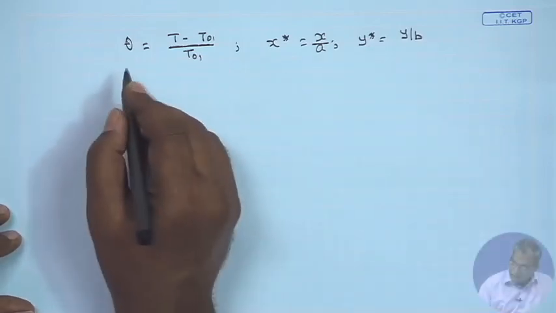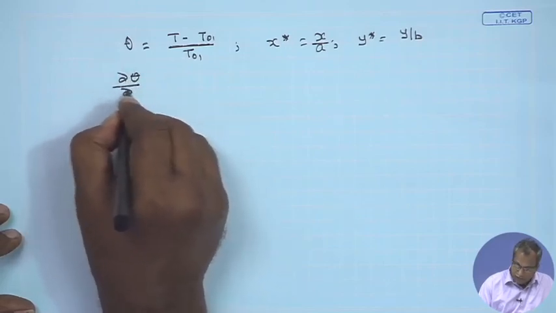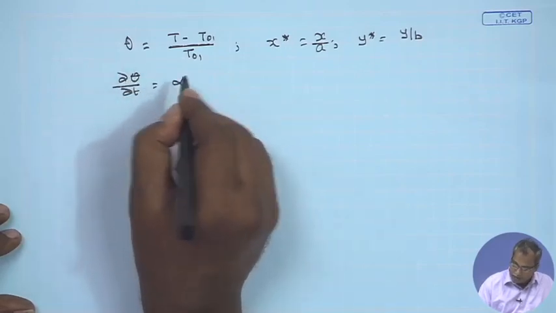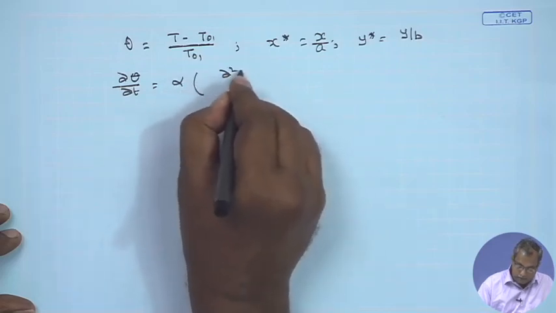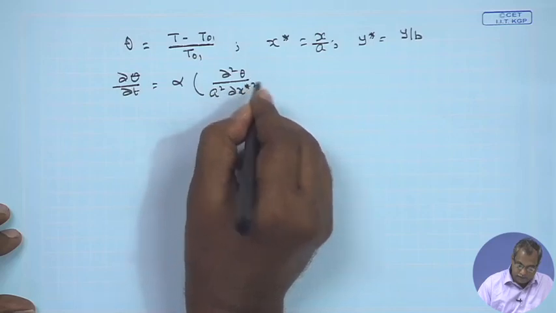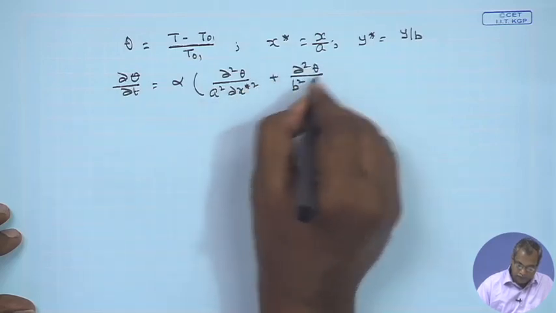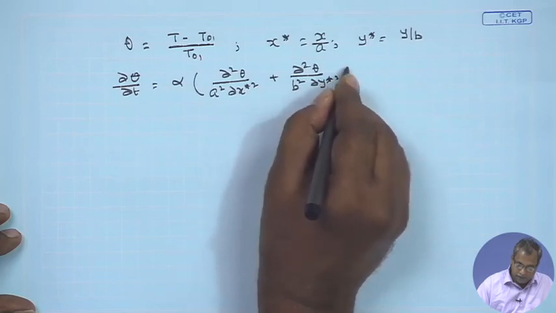So, if we do that, we will be getting del theta del t is equal to alpha times del square theta del x star square plus del square theta del y star square.